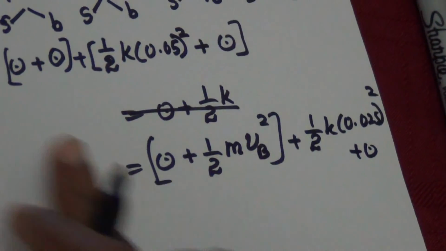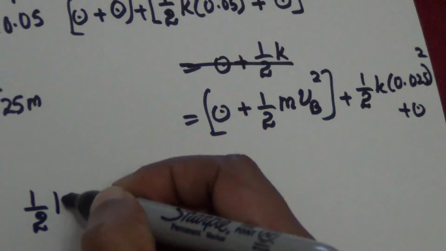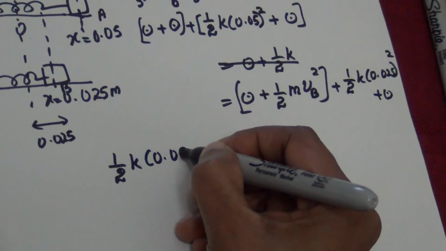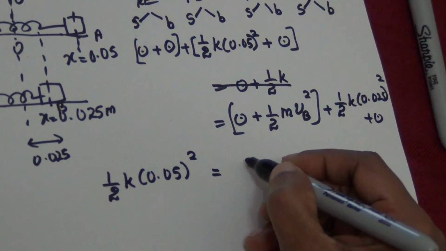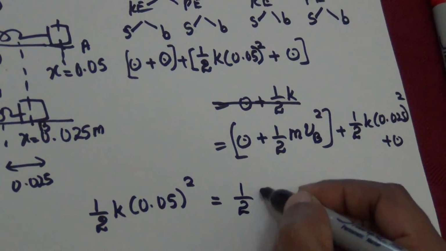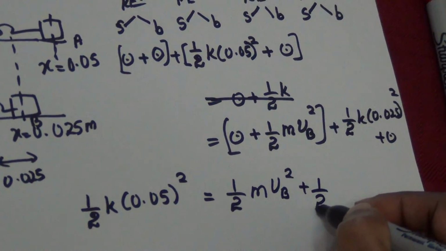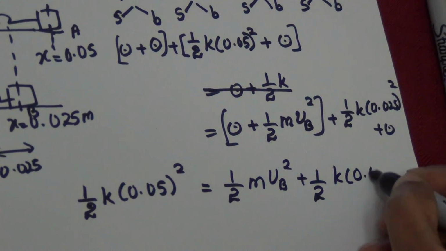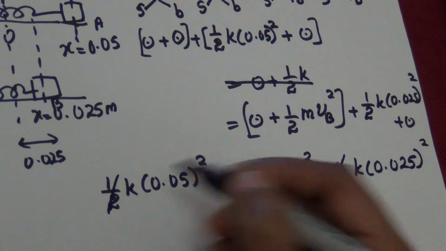So if I rewrite this, I have 1/2 k 0.05 squared equals 1/2 m V_B squared plus 1/2 k 0.025 squared. So now I can plug the values.